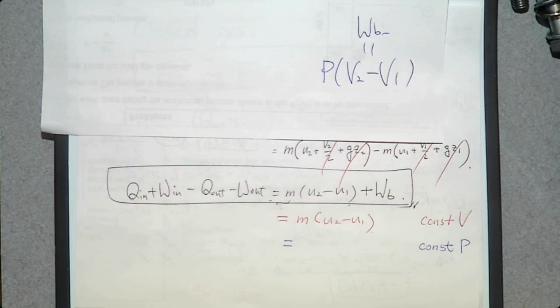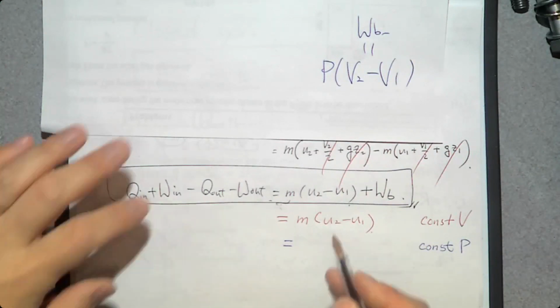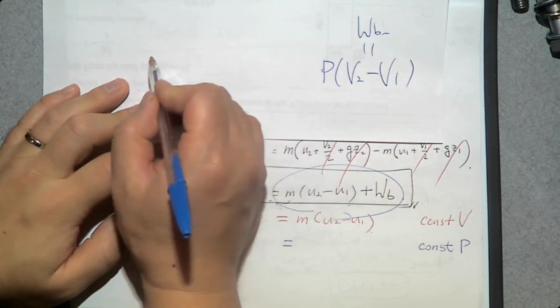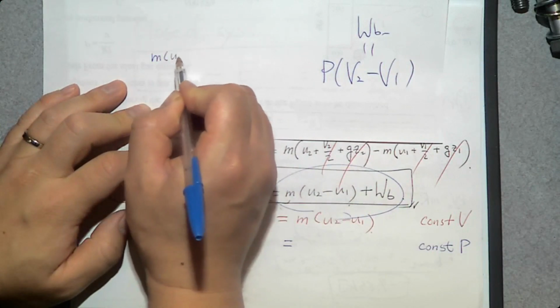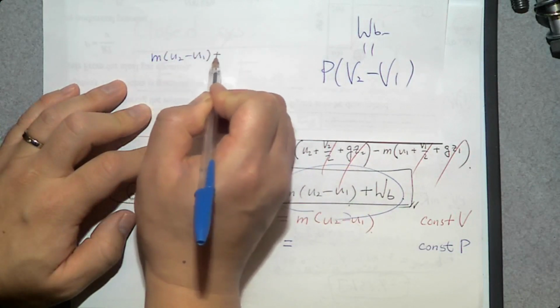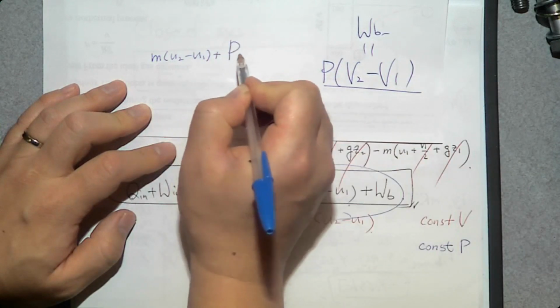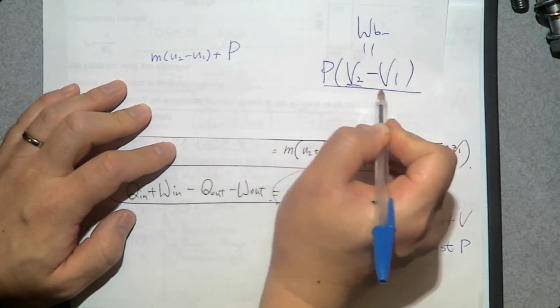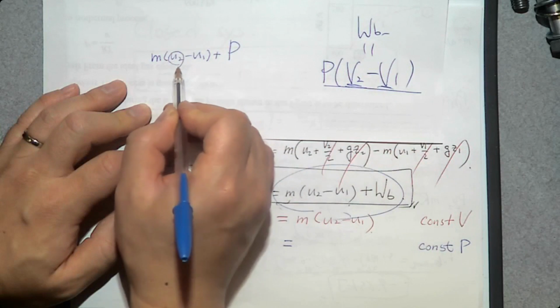Then, since the moving boundary work is P(V2 minus V1), the right-hand side becomes mass times (u2 minus u1) plus this one, P(V2 minus V1), but we are using lowercase.